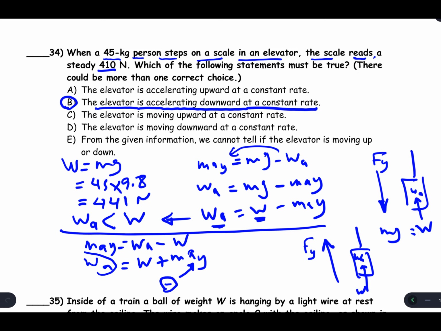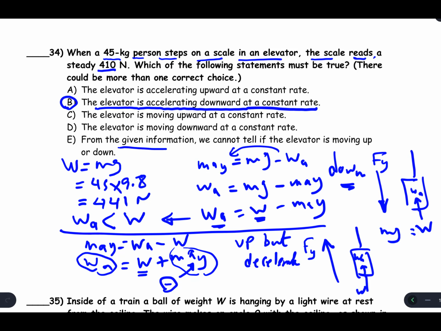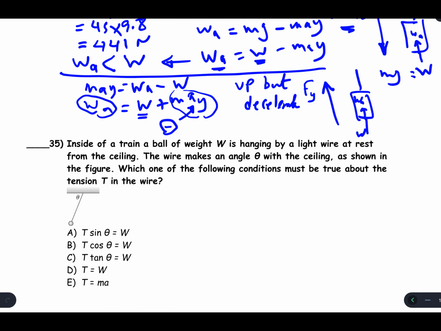So now WA is less than W, because this amount will be negative. So the elevator may be going up but decelerating, or going down. So from the information here, we cannot tell if the elevator is moving upward or downward. So the answer E is also right. I hope you got it. Let's go to solve the next.